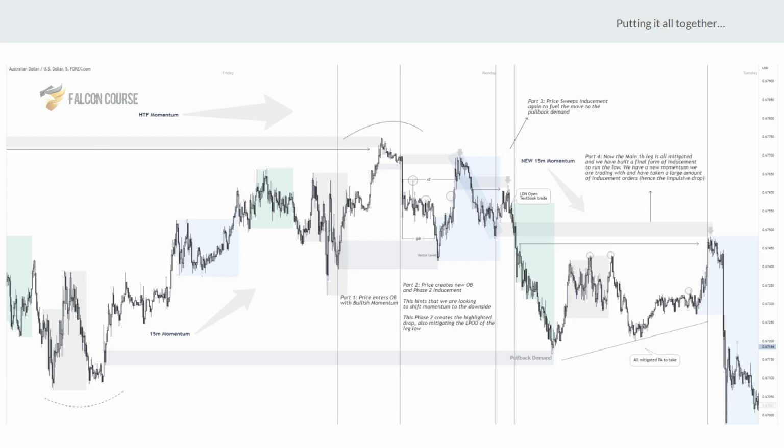I think the main point you mentioned was the vector level as a way of managing the trade. Exactly. From the vector level it will either continue, or if it breaks that, then I've come out of the trade still in profit and can then be looking for sells. Yeah, okay, so that's a good managed trade.